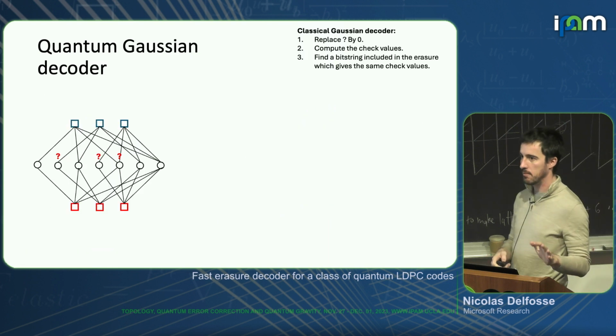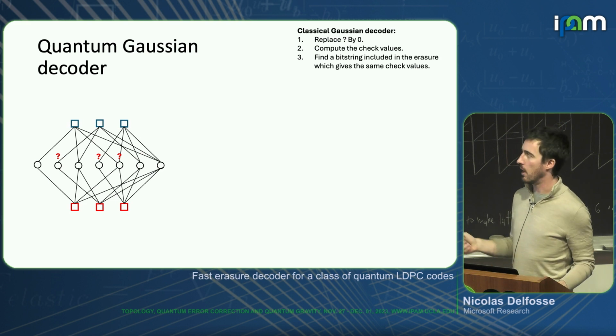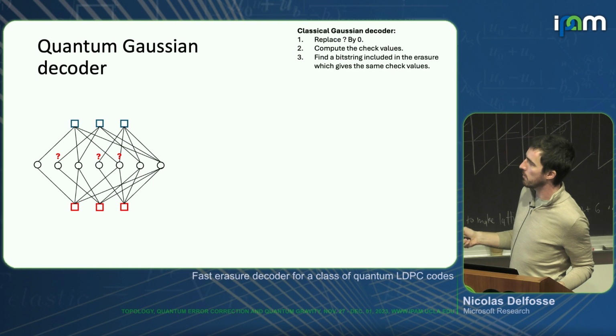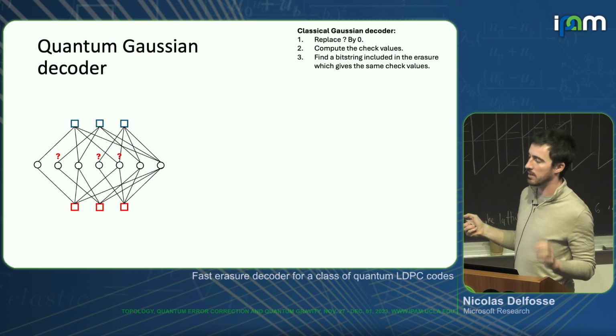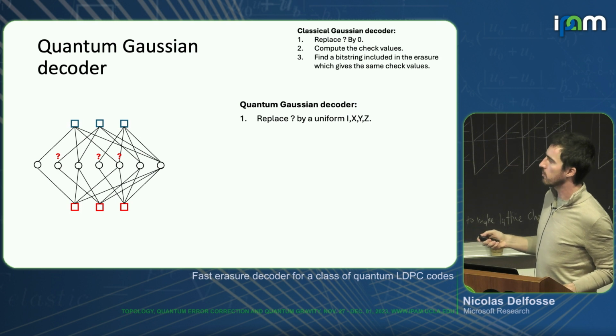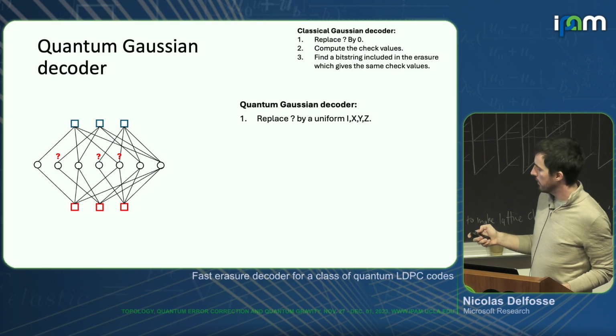And now, let's adapt the naive decoder, this Gaussian decoder with cubic complexity. We have some question marks, and those are the 3 steps of the classical Gaussian decoder. Let's adapt them. First, we replace our question mark by identity, X, Y, or Z. It's what we can do by using our identity about the maximally mixed state.